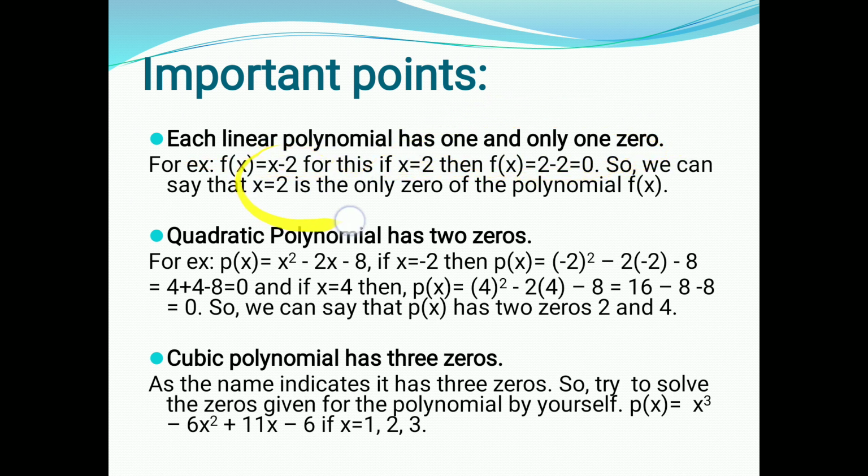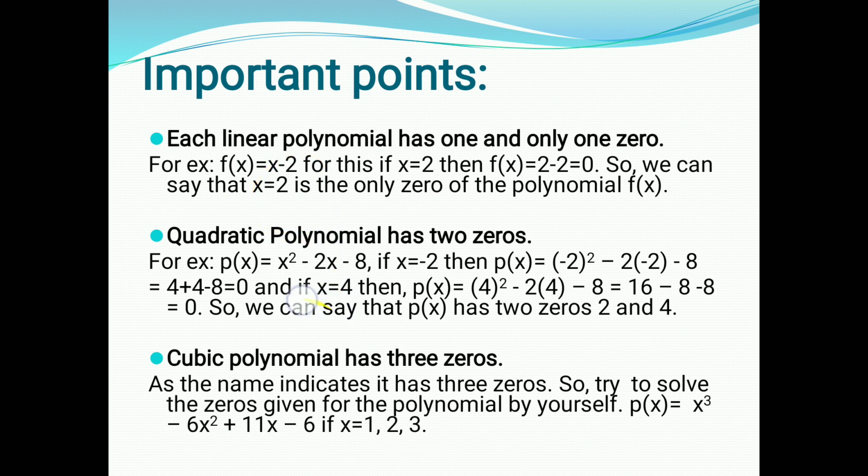That means if I know the polynomial is of power 1, like x minus 2, I will not waste my time finding other zeros. Because the mistake students make is that after knowing it is a linear polynomial, they keep on finding other zeros, which is not possible, because it clearly says a linear polynomial has only one zero. So that zero will be x is equal to 2. So x is equal to 2 is the zero of the polynomial x minus 2.